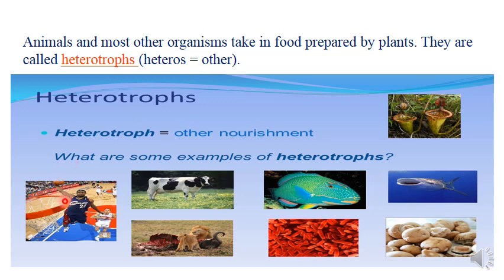Examples of heterotrophs are human beings, ruminants like cow and sheep, carnivores, bacteria, aquatic animals, then saprotrophs, that is mushroom, and insectivorous plants. All these are heterotrophic organisms.